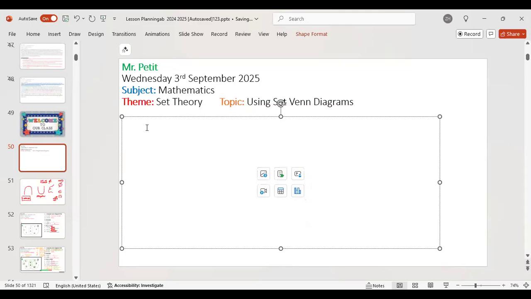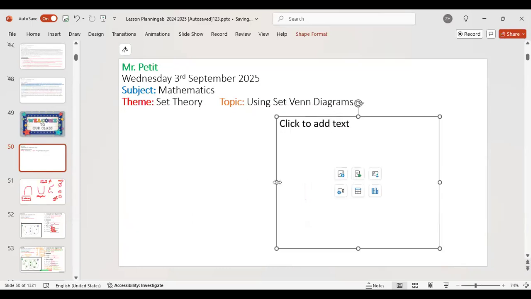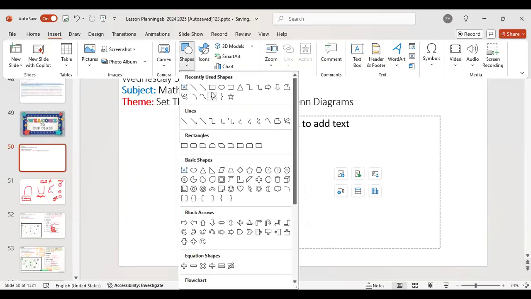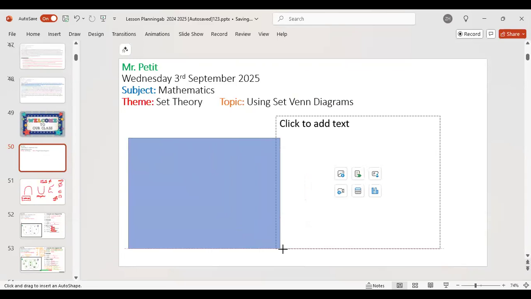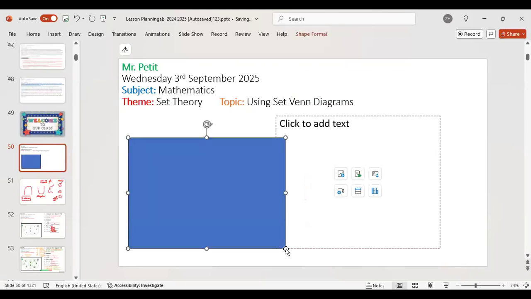Okay, so we're going to start off with drawing our set, just like how we did yesterday. So hopefully today you actually brought the ruler and a pencil. So I'm going to draw my rectangular box, okay? Right there.